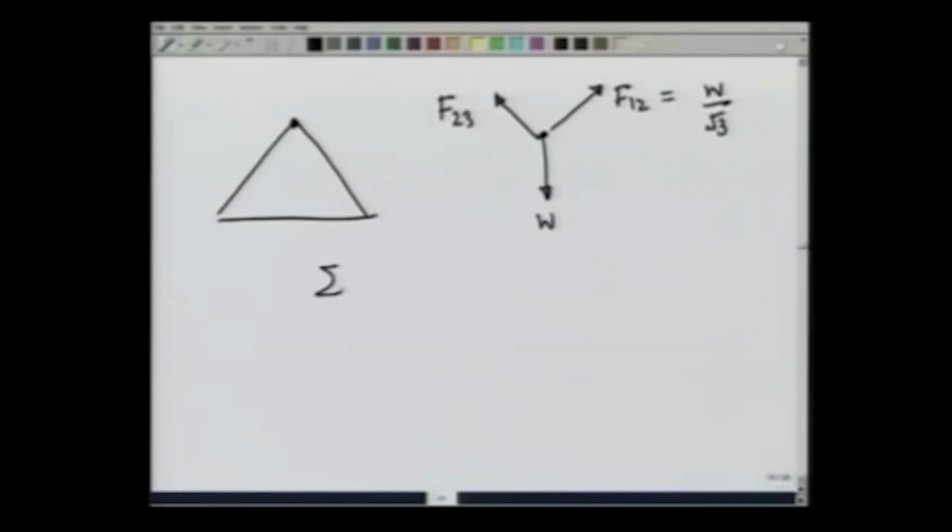Now, summation Fx then gives you that F23 should be equal to F12.